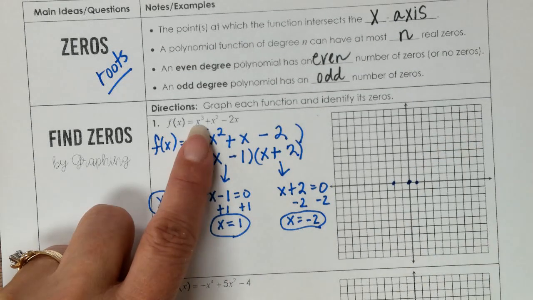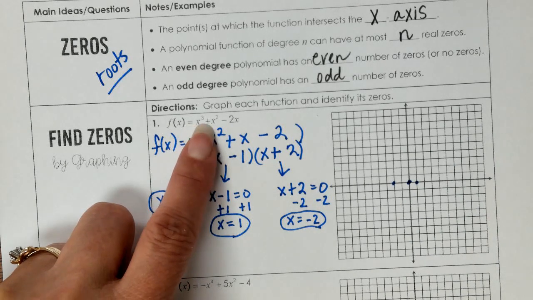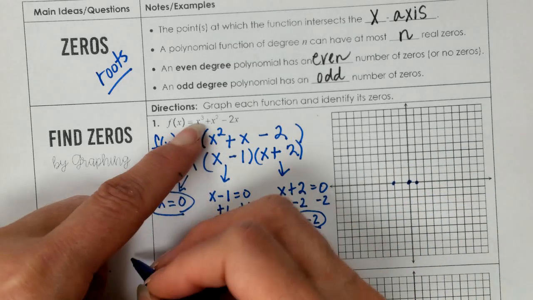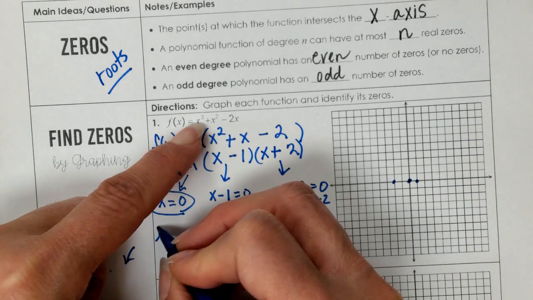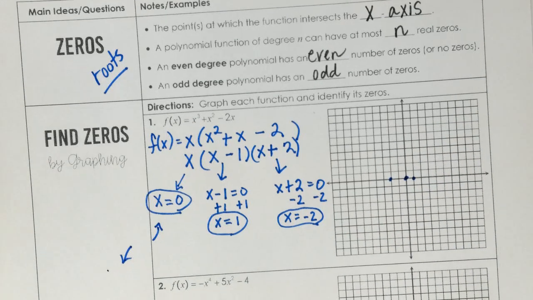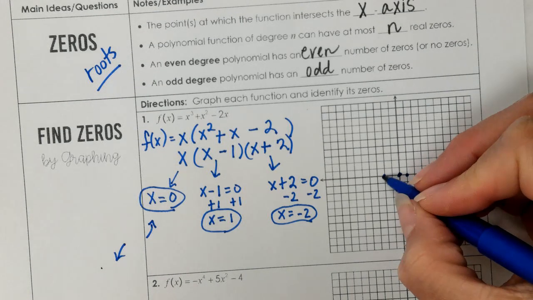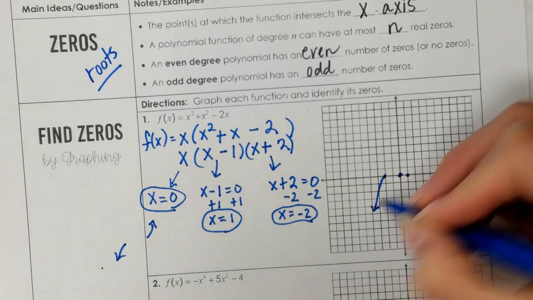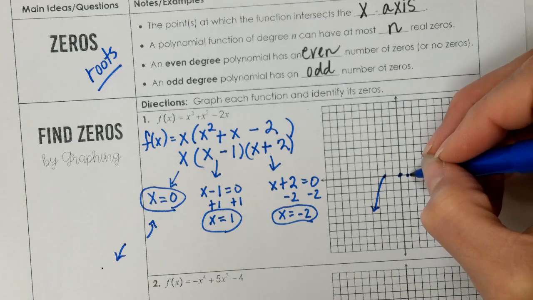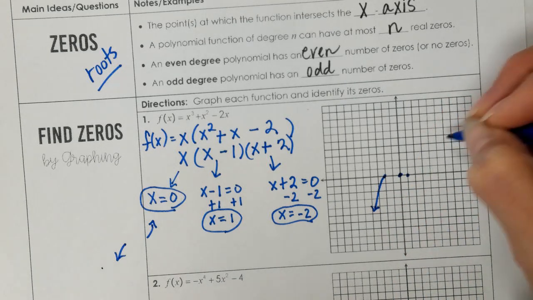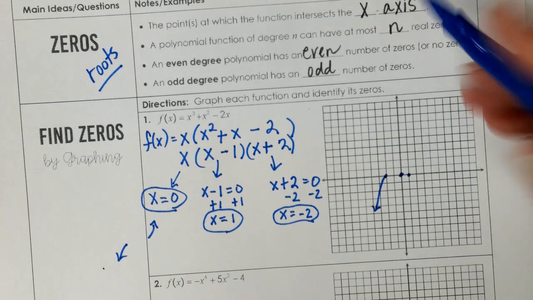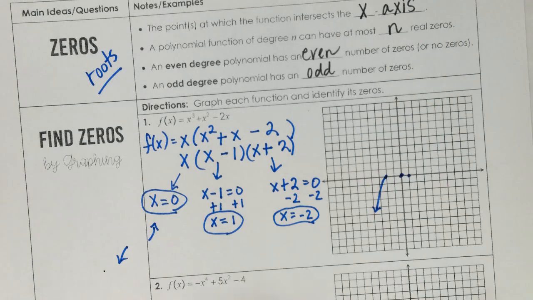I know the ending behavior. It's a positive odd, so it is a down and then up kind of graph. So this side, it's going to move downward. This side of it, it's going to move upward. I'm trying to sketch without really putting it in my calculator.